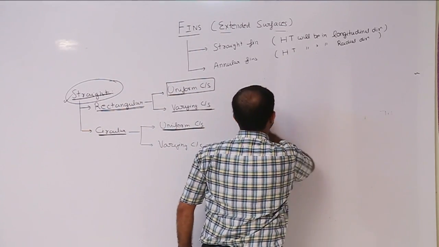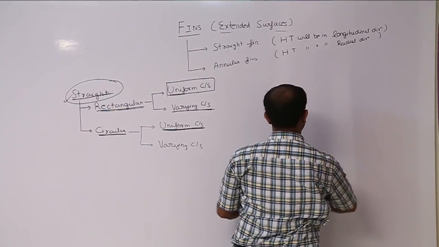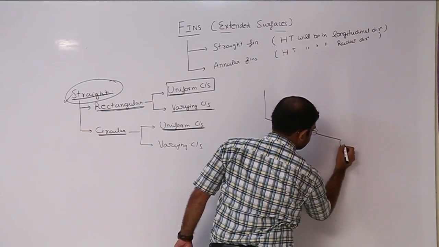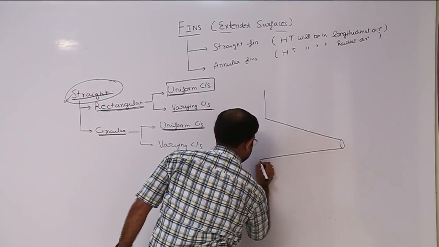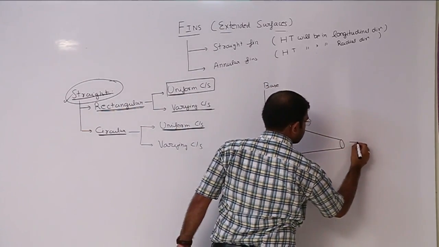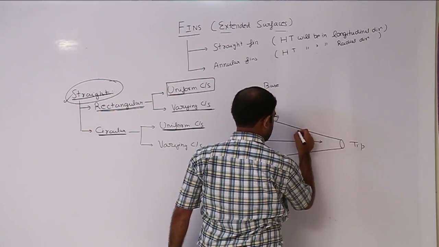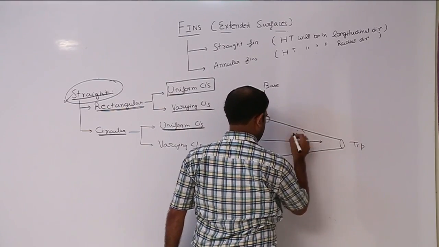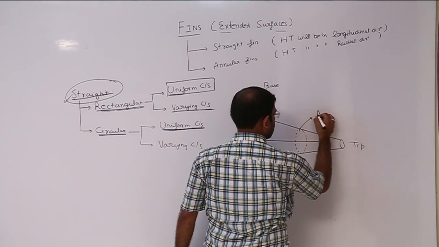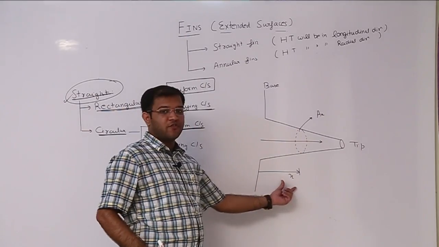Now come to the fourth case. Now make a cross section at a distance x from the base.